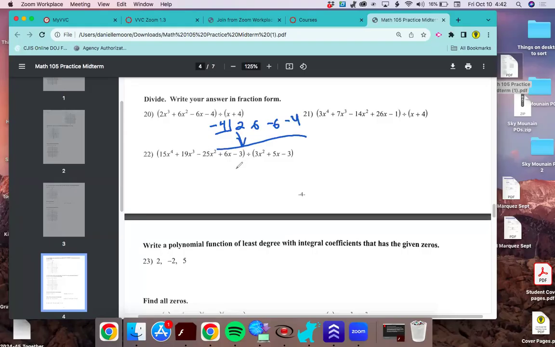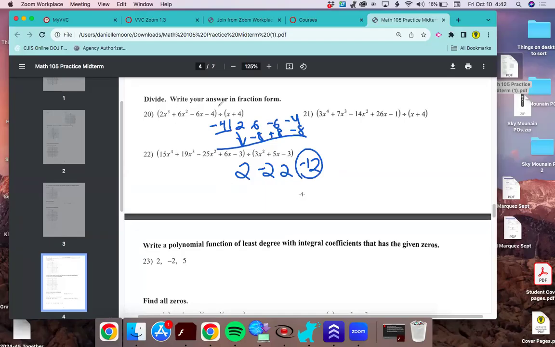So now we have a 2 there, and then 2 times -4 is -8. 6 plus -8 is -2 times that -4. That's a +8. And then -6 plus 8 gives a 2. And then 2 times that -4 is -8 there. And then -4 plus -8 makes a -12. That's our remainder, and here's our quotient, if you will.